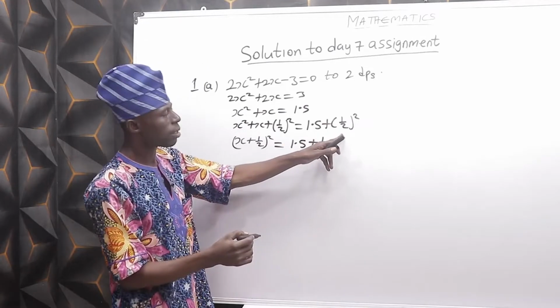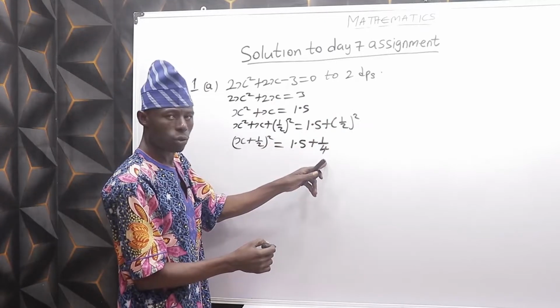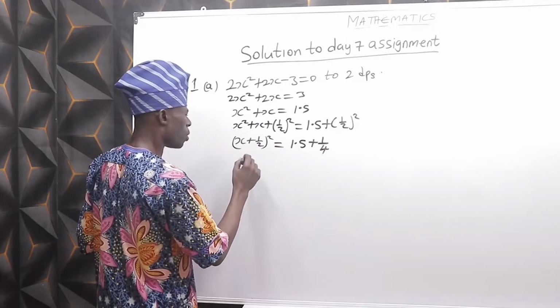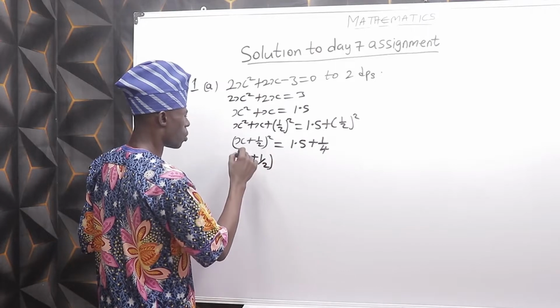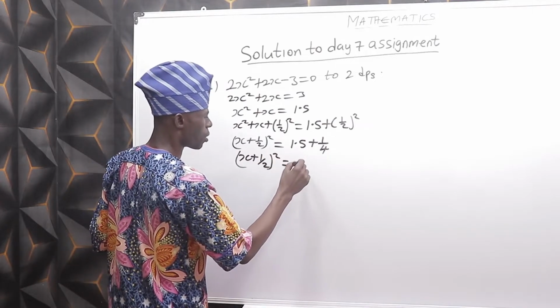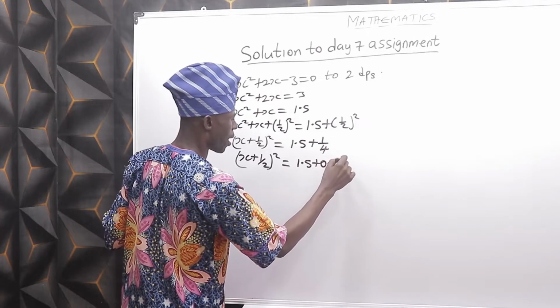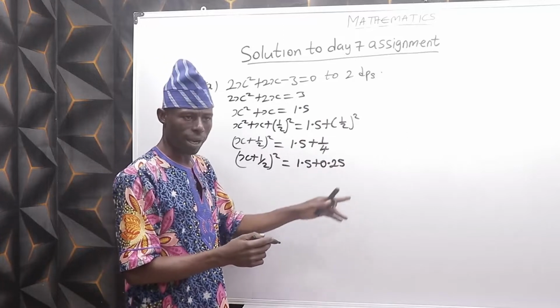You evaluate, find the value of 1 squared, which is 1, 2 squared, which is 4. Now, x plus 1 over 2 whole squared equals 1.5 plus 0.25. 1 divided by 4 in decimal is 0.25.